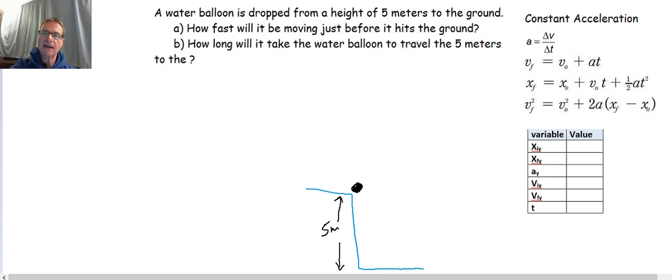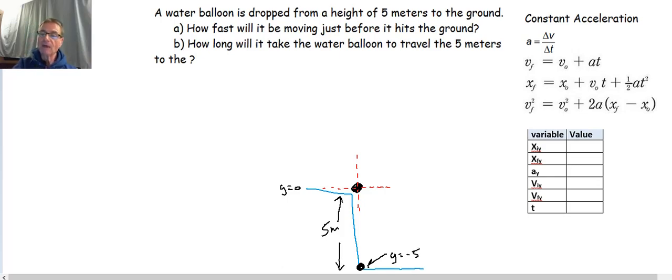Okay, and as I've said, I will always take my initial position to be the 0 position. All right, so this is going to be y equals 0 here, and if that's y equals 0 here in the center, then down here, this must be at the y equals -5 position, because we're going down.